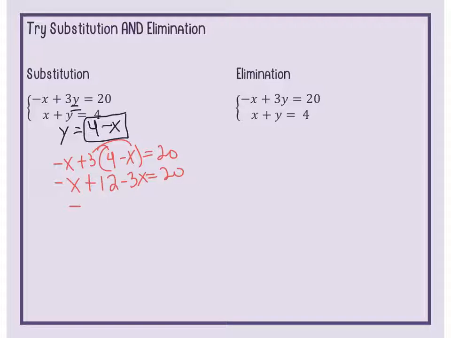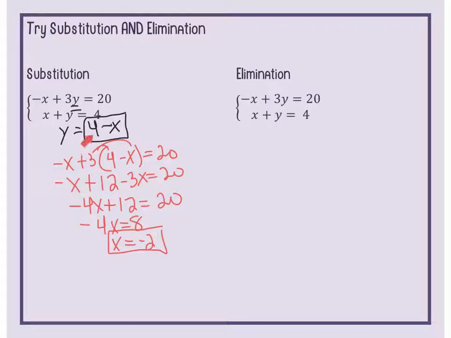Combine like terms. The terms I combined were negative 1x minus 3x, and I got negative 4x. The next step is subtract 12 on both sides, and then divide by negative 4. I have solved for my x value.